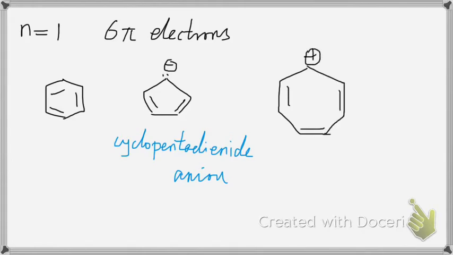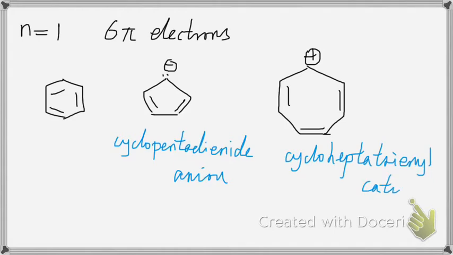Next example, here we have a 7-membered ring with 3 pi bonds and a positive charge on the 7th carbon. This is the cycloheptatrienyl cation. Again, this ion is cyclic, it's planar, it's fully conjugated, right?